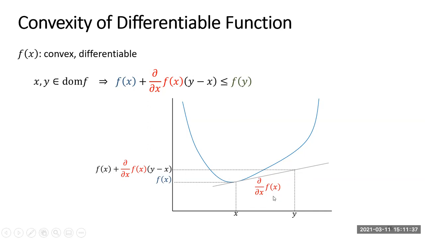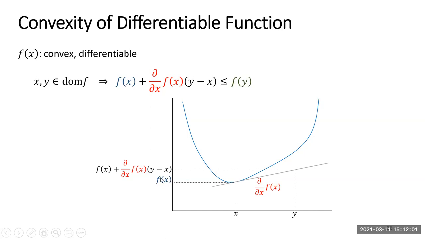And this is tan theta, where theta is this angle. The slope is tan theta. Therefore, this gap here is y minus x times tan theta, which is y minus x times the slope. So this gap here is slope times y minus x.